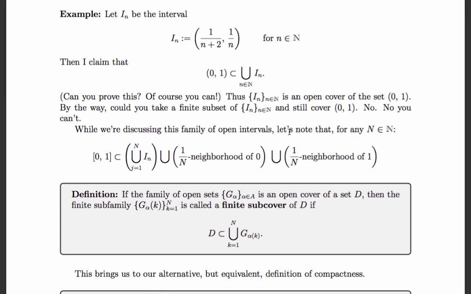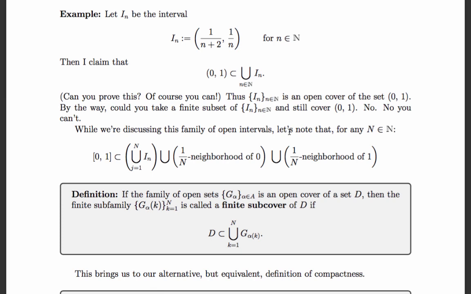Now I claim the union of all of these open intervals contains, that is, covers the open interval 0 to 1. Now could you prove it? Of course you can prove it.